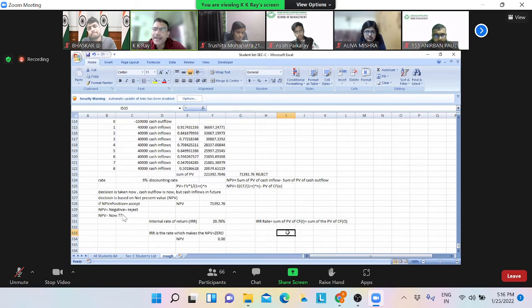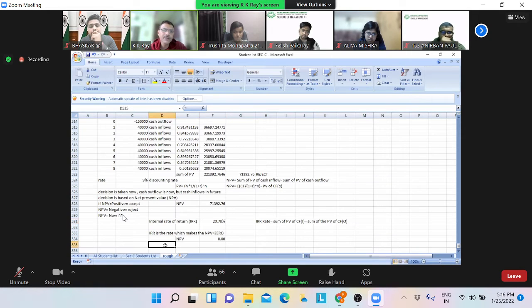In that case, you will find that the rate is different from your IRR rate. So we are saying internally generated return, internal rate of return. Internal rate of return means, if at all I am getting the same cash flow that I am putting, then what is the return? So if here the return is 20.78, then I have to compare this IRR rate.